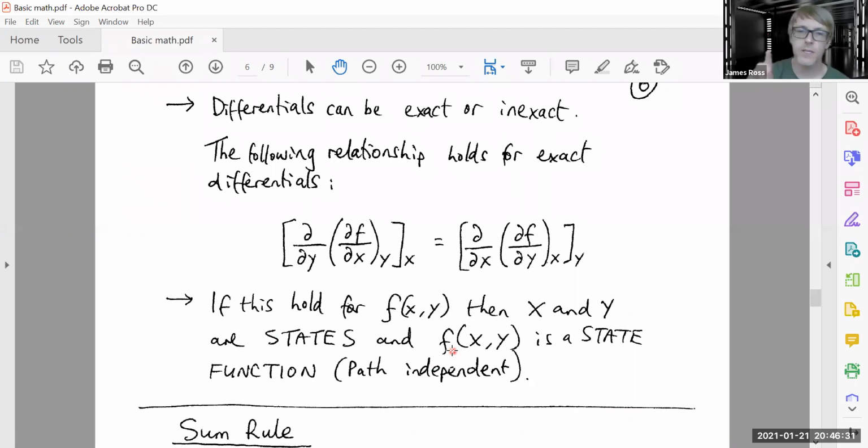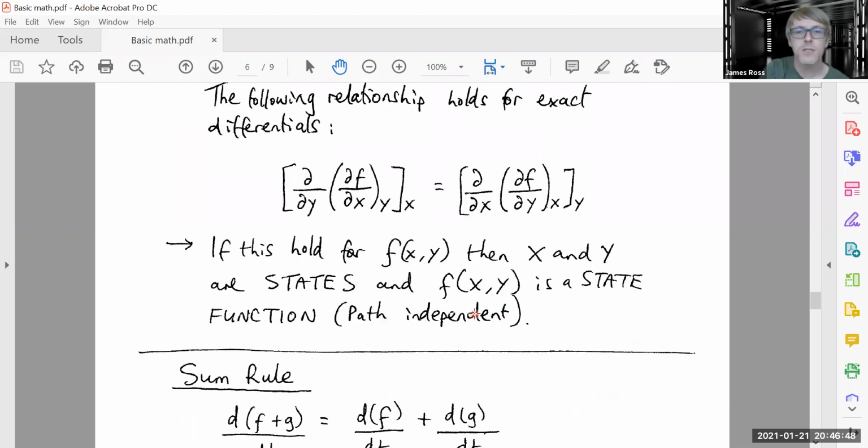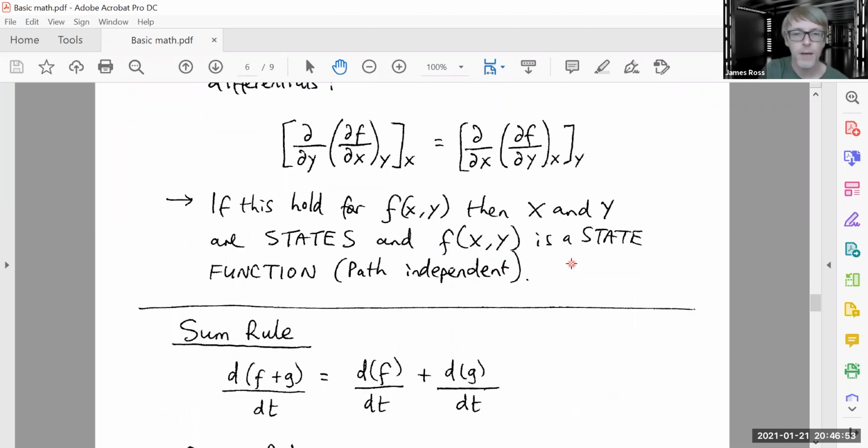I'll flip the order. You'll see that for the exact one, it doesn't matter. You get the same answer. For the inexact one, you flip the order, you get different answers. So if this holds, then x and y are states. And if they don't, then it's a path. So just a statement to be aware of, but maybe a second video will come at you.